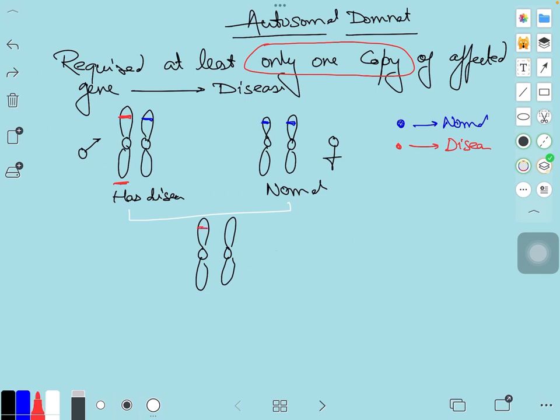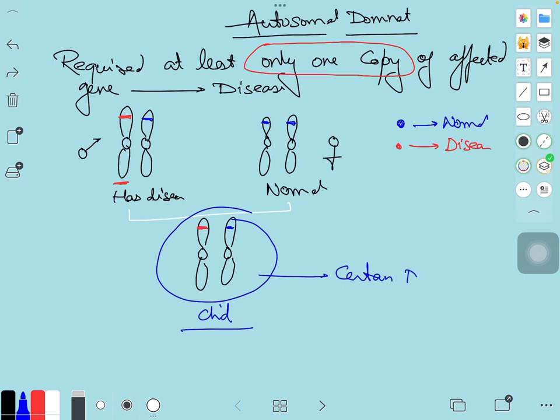He got one part from his father and one part from his mother. This is the child. So this is enough to give the disease in case of an autosomal dominant disorder.